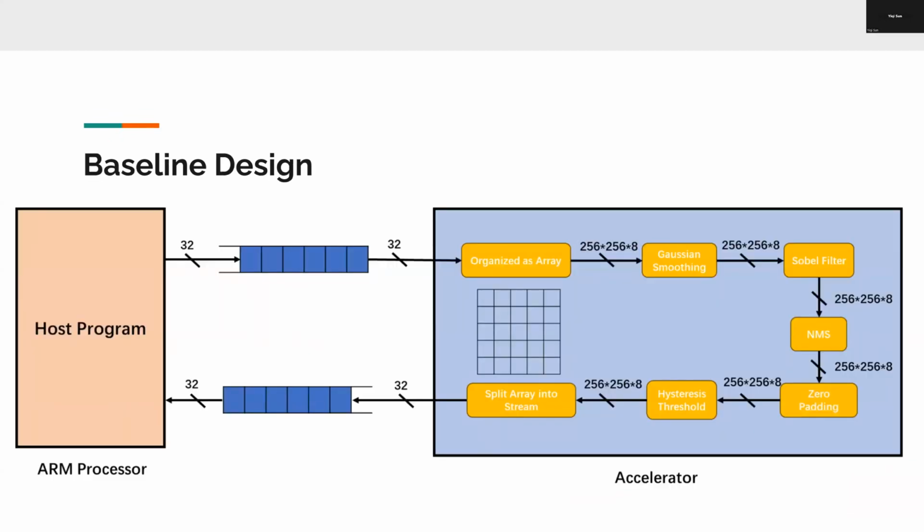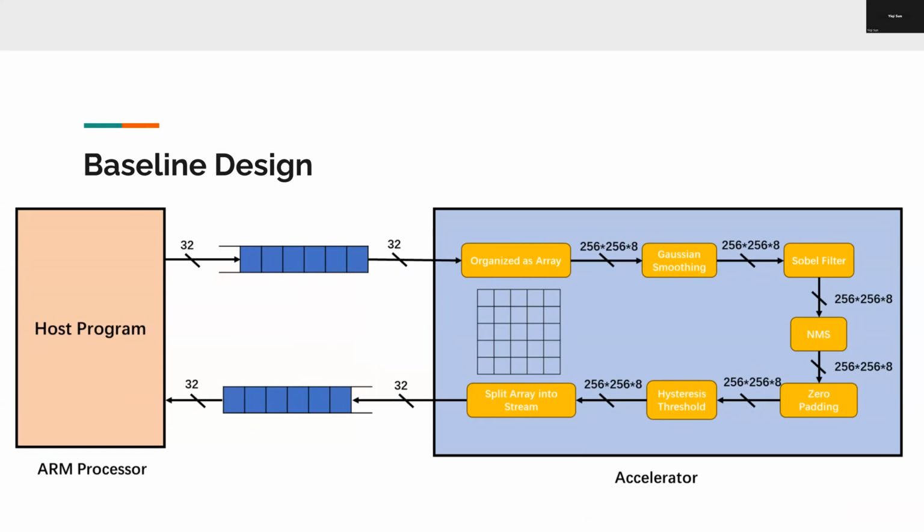Okay, and this is our baseline design. It's a high-level diagram that illustrates the architecture. First, we let the ARM processor send data to the FIFOs with a size of 32 bits, that is 4 pixels at one time, since we use unsigned 8-bit integers to represent each pixel.